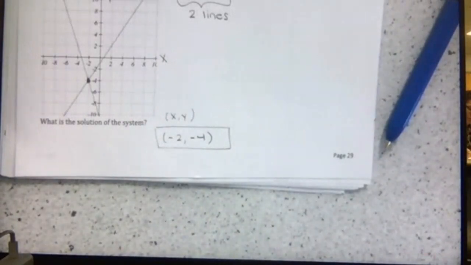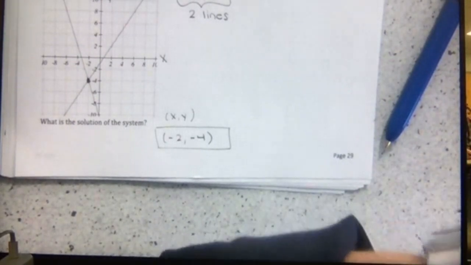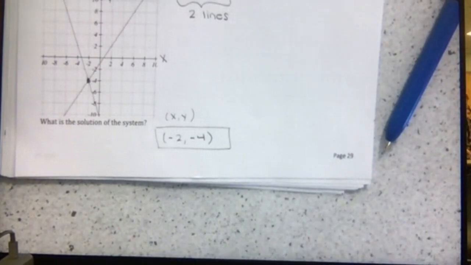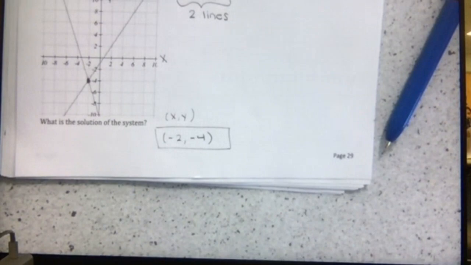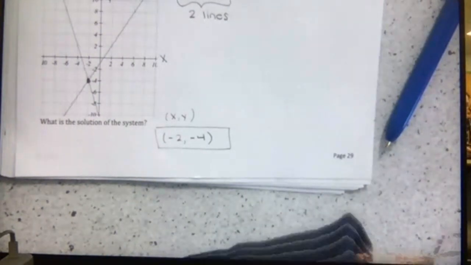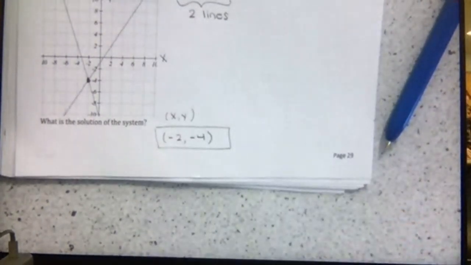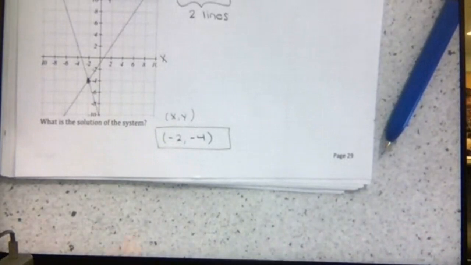So on the next page, we're actually going to solve this. On the test, on the homework, you're going to have three different ways of solving it, and it's going to tell you. So do it the way that it wants you to do it, because you have to do it all three ways. And they tell you the easiest way, so listen to what they say. So we're going to solve by graphing, we're going to solve by substitution, and we're going to solve by elimination. So three different ways to solve these things. We're going to do all three methods together.